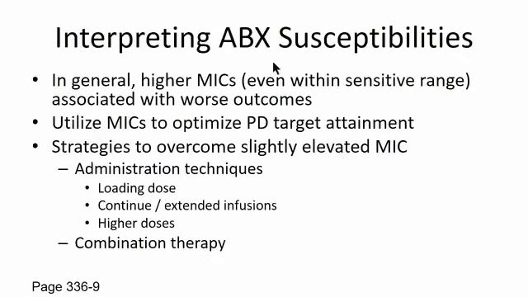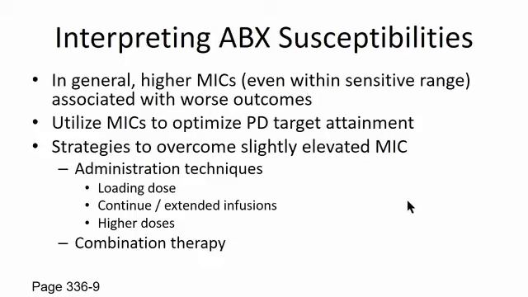So interpreting susceptibility results, I would say this is not a hard science, and therefore I think it'll be hard to test on a board type of exam. However, it might be important for your clinical practice. In general, higher MICs, even within a sensitive range, are associated with worse outcomes.